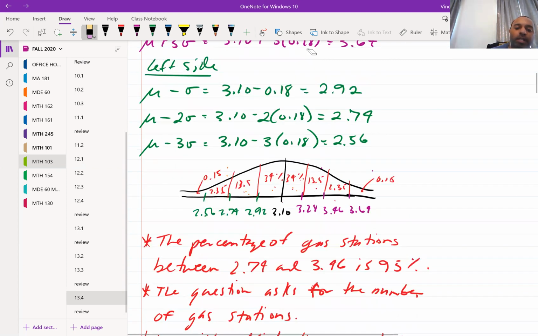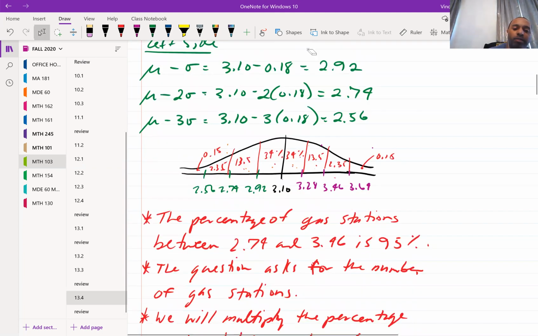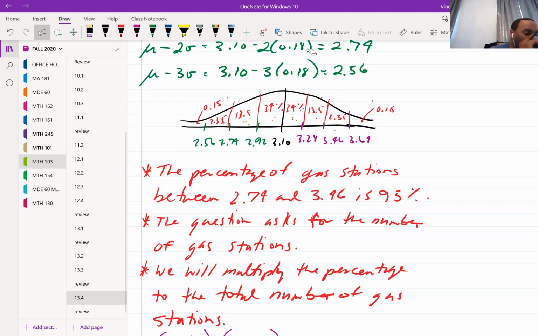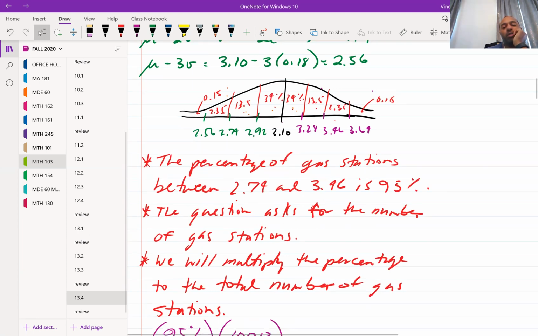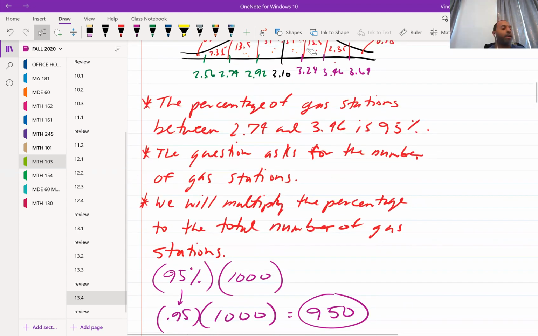Now the question asks for the number of gas stations, not the percentage. So we will multiply the percentage by the total number of gas stations. Total number of gas stations was 1,000. So we take that 0.95, multiply by 1,000, that's 950.